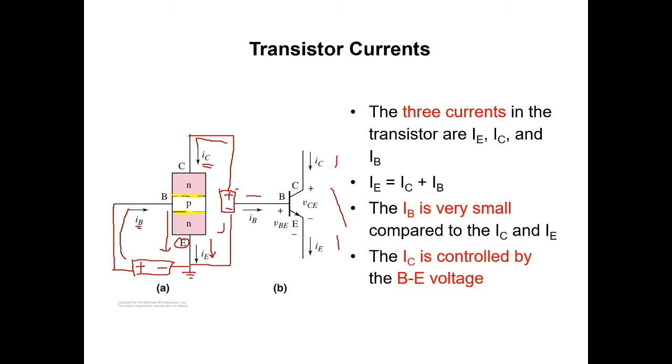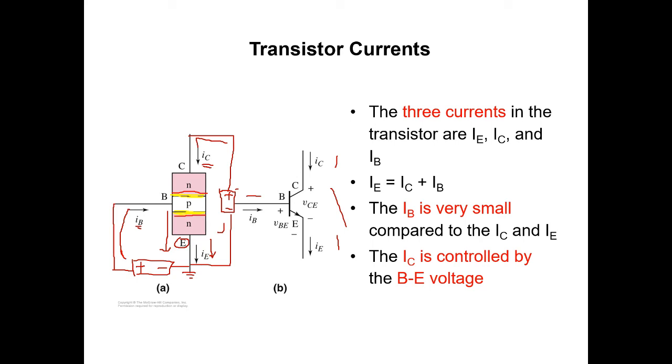IB is not the same as IE, even though you can see here it is the same source, but the current flow is not the same. Why did it happen? Because here you have a depletion region, and also over here you have a depletion region.